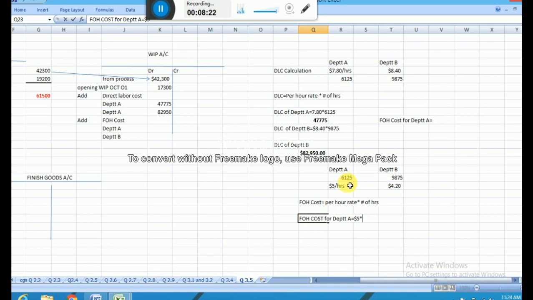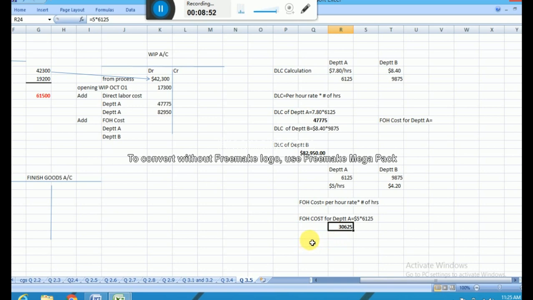This is our total number of hours. Clear? Now when we put these in the formula, the rate 5 multiplied by the number of hours 6,125 is equal to 30,625, the factory overhead cost in department A.